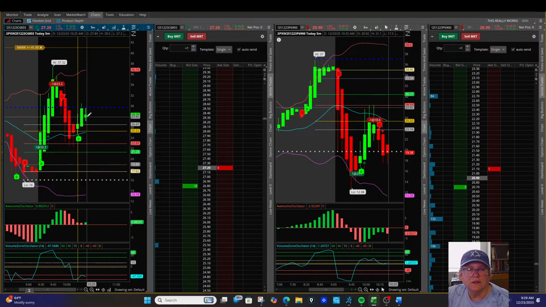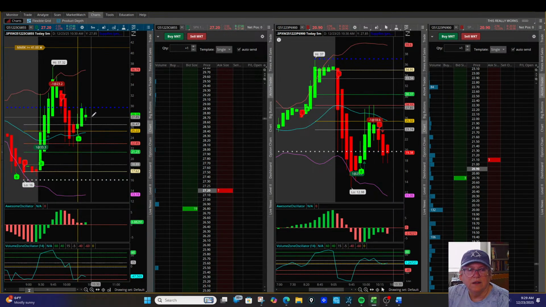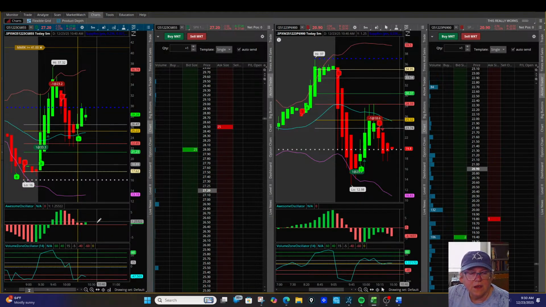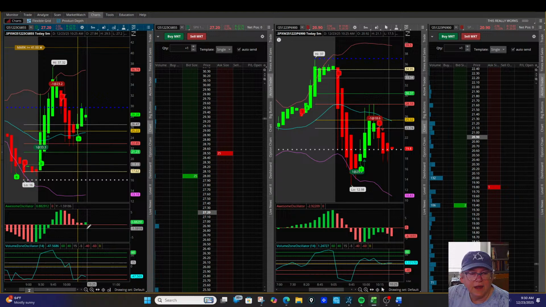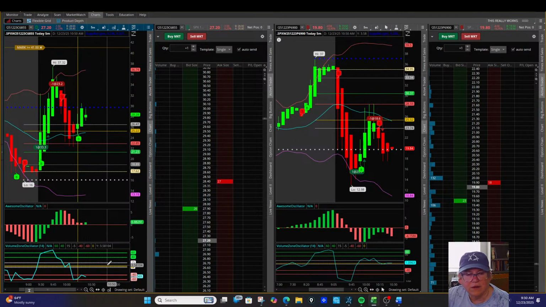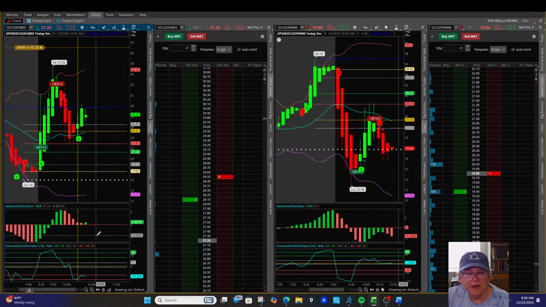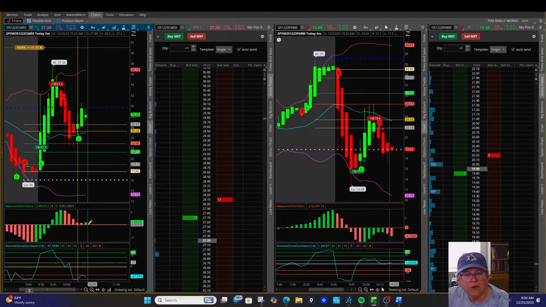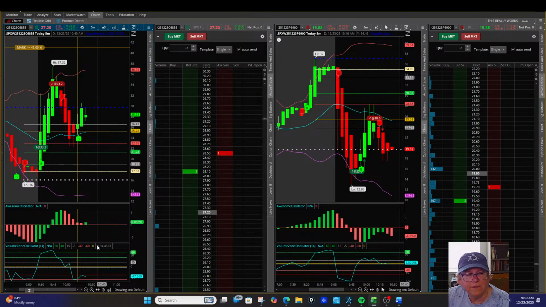And the fact that this has dropped down below the blue dotted line tells me that this is fading. But I do have a green candle. I call it a candle. It's not a candle, it's a bar. Excuse me. So I do have a green bar here on the AO.